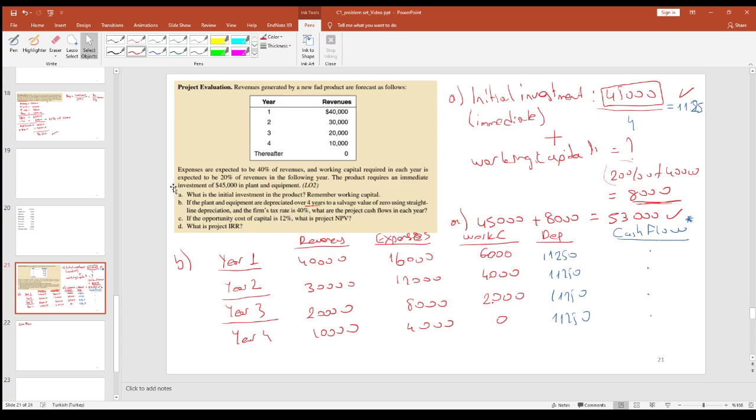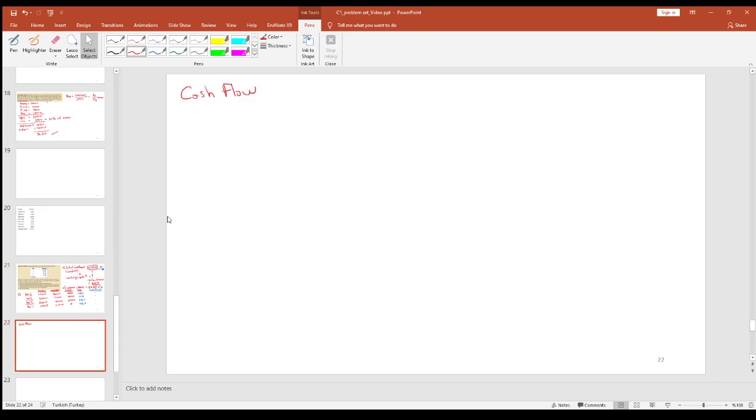From this table you cannot see this, so let's use one of our methods of calculating operating cash flow. Now remember, one of these was revenue minus expenses. These are cash expenses times 1 minus tax rate plus depreciation times tax rate.